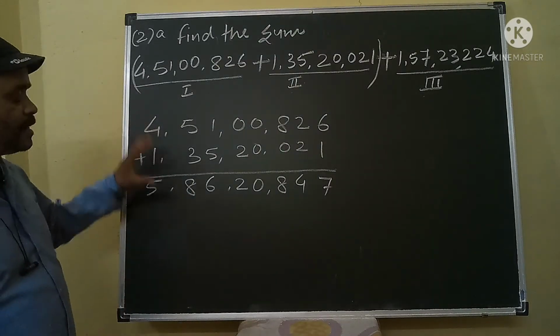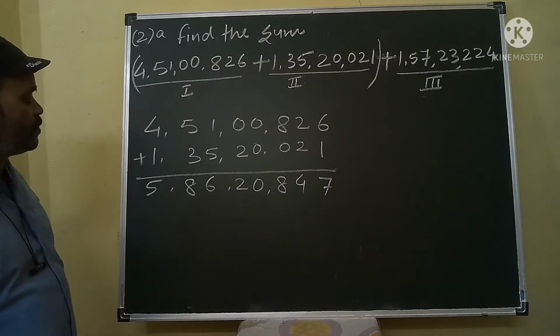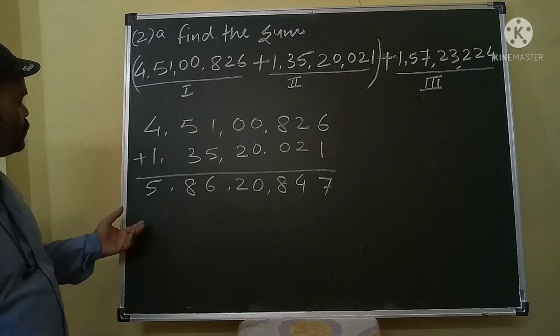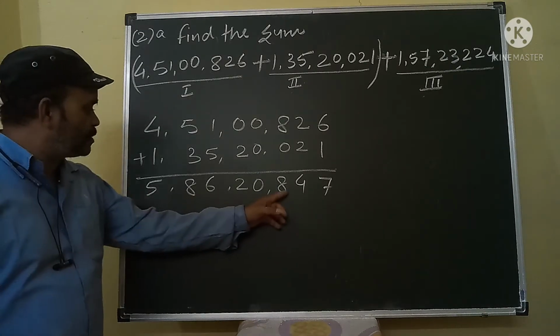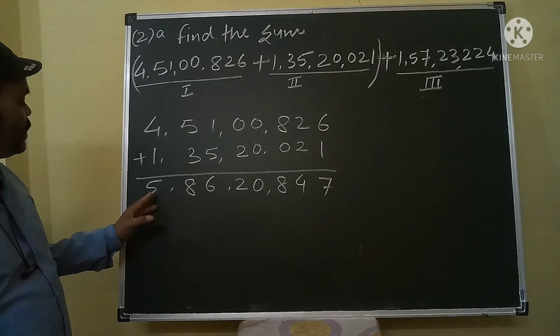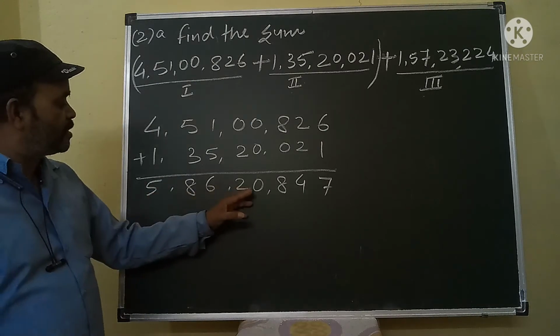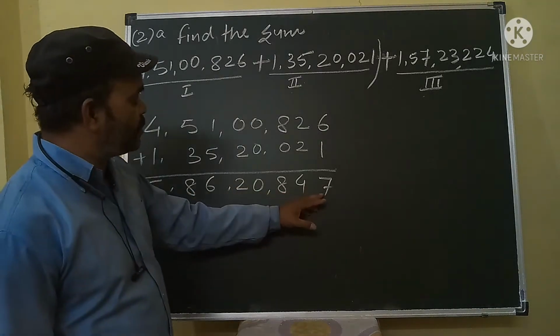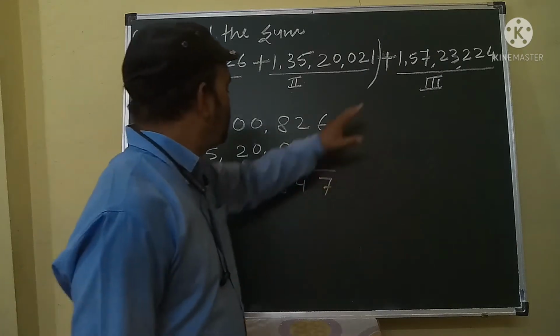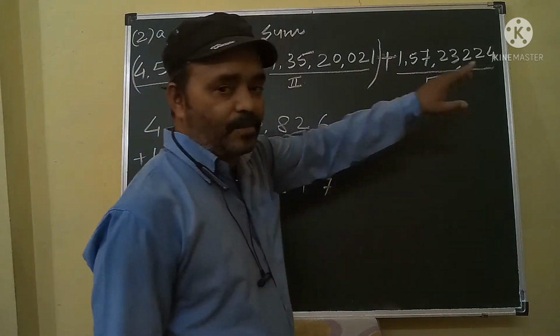Then this is the incomplete answer. How will you complete this? We will add the third number to this sum, 5 crores 86 lakh 20,847.